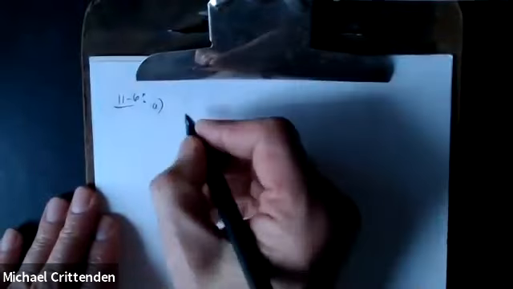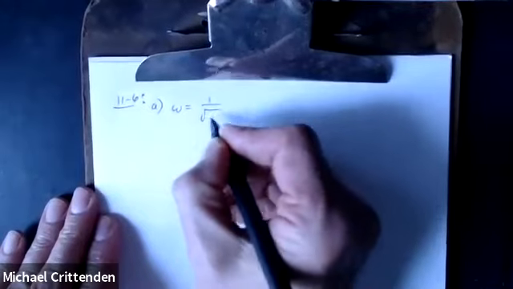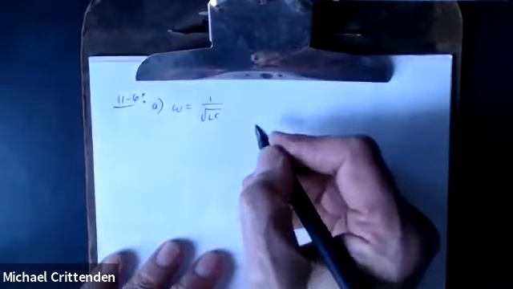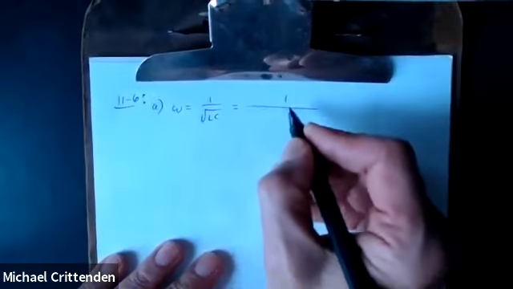Part A, omega equals 1 over the square root of LC. And I've got numbers for both of those things. They were on the picture.